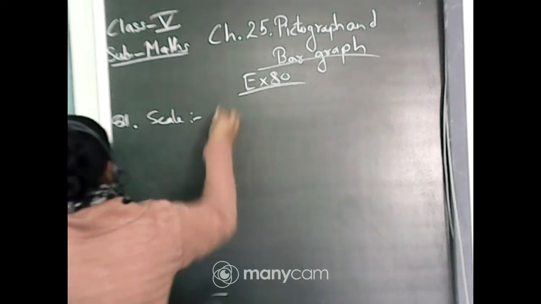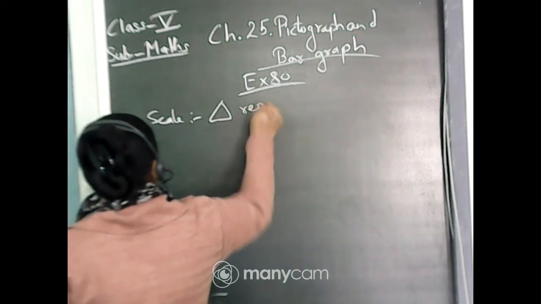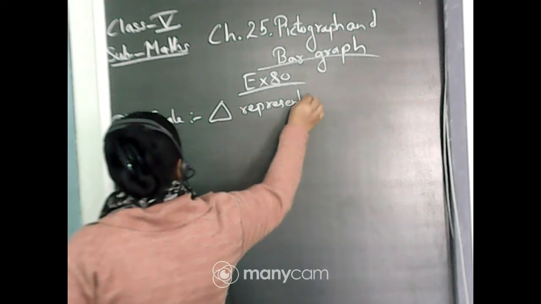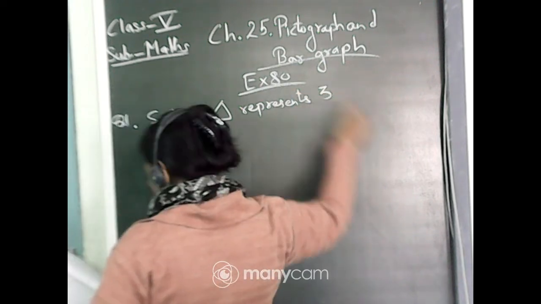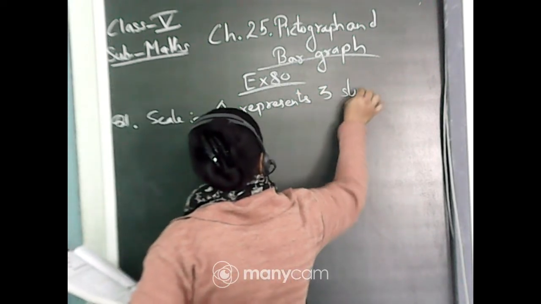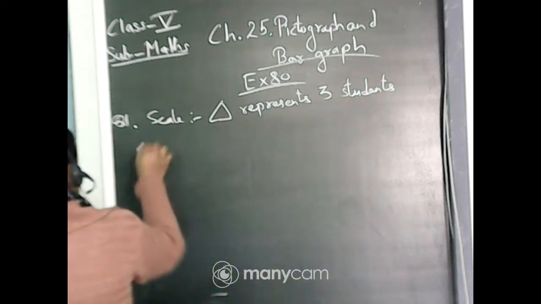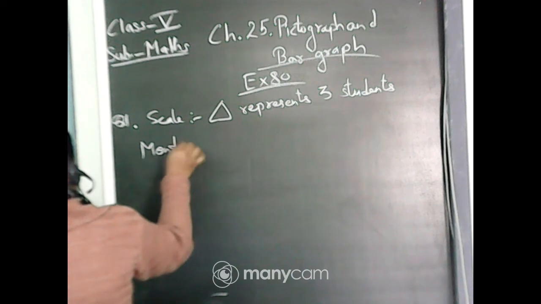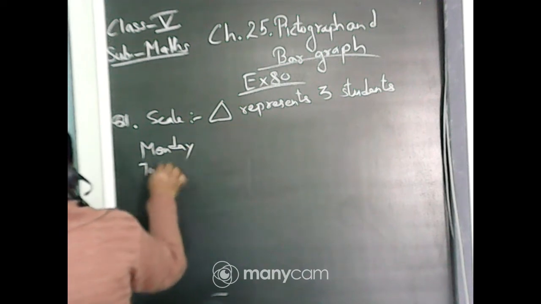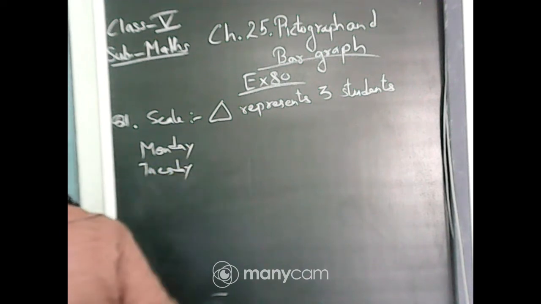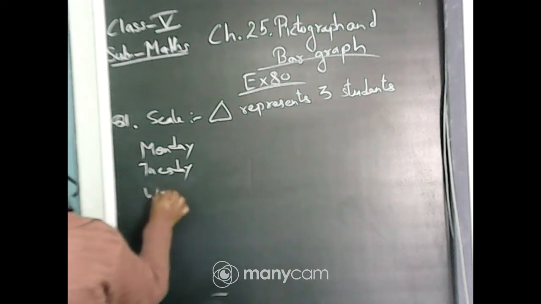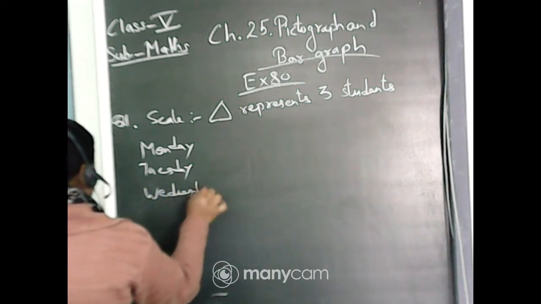Scale: one triangle represents 3 students. Okay, so you will draw for Monday, then Tuesday, then Wednesday. I am drawing a horizontal graph.